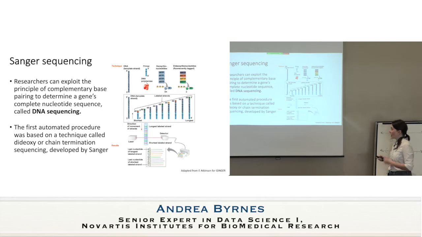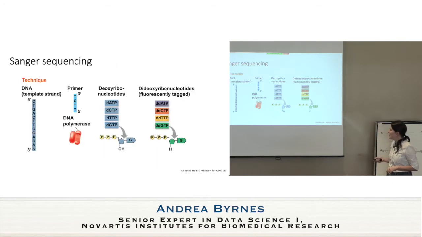So this was the first automated procedure, and it was based on a technique called, I don't even know how to say this, but I can explain to you how it works. I've always heard chain termination sequencing, and it was developed by Sanger, the company, which is where it gets its name. So we're actually going to walk through this diagram in a couple of pieces.